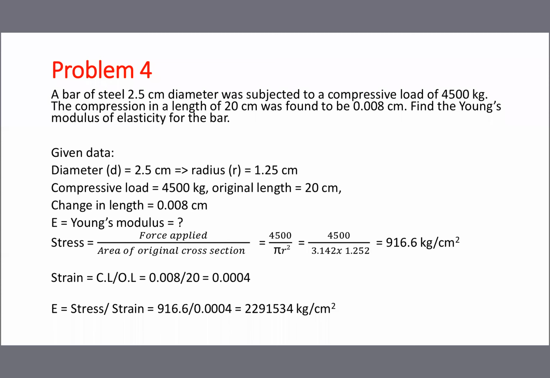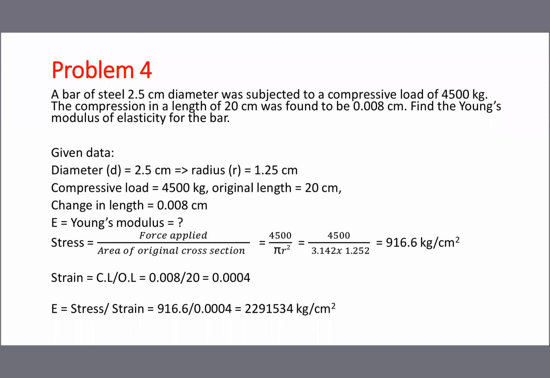Then go to strain formula, change in length divided by original length. CL divided by OL I have written, that is change in length divided by original length. So here unit is very important. Change in length 0.008 centimeter divided by original length also in centimeter.